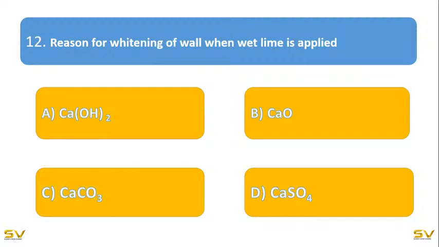So whitening of wall when wet lime is applied. What is the reason for that? Actually, there should be a gas, but when this is reacted with what, why do we get that? What is the reason for the whitening of the wall? Is it calcium hydroxide or calcium oxide or calcium carbonate or calcium sulfate?